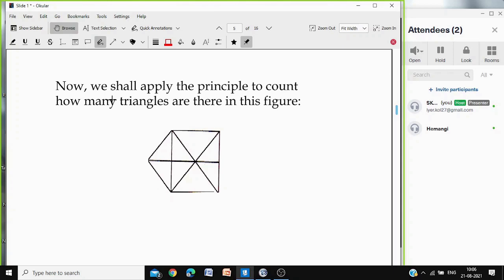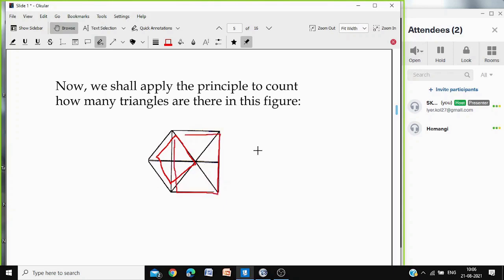Now here we have got a figure. These are actual questions which came in the exams. How many triangles are there in this figure? Let us see. So what you do is you break it up into units. You see that this one is a four-sided figure, square or whatever it is, and this one is also a four-sided figure, right?